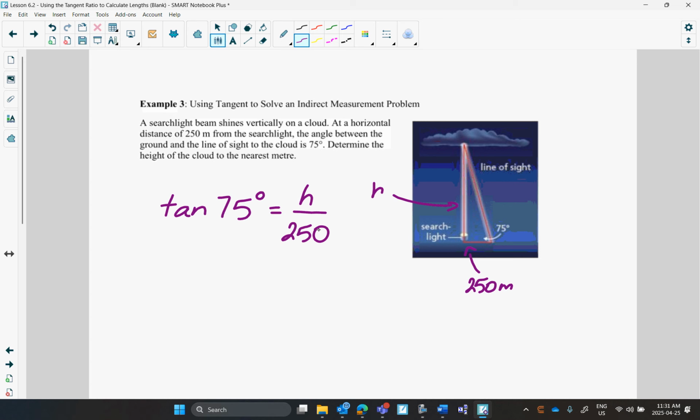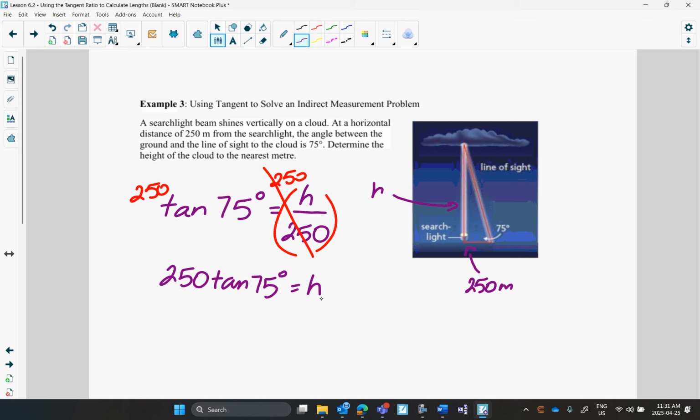So we've done the trig part. Now we do the algebra part. We get H by itself. How do I get rid of divide 250? Those cancel, but that means I'm going to multiply this side by 250. So to find h, I have to do 250 times the tan of 75 degrees. And that's where I use my calculator.